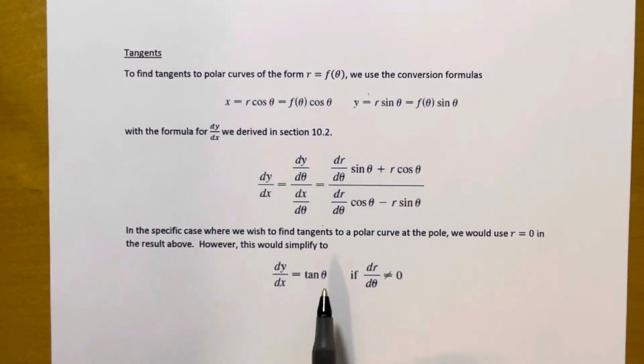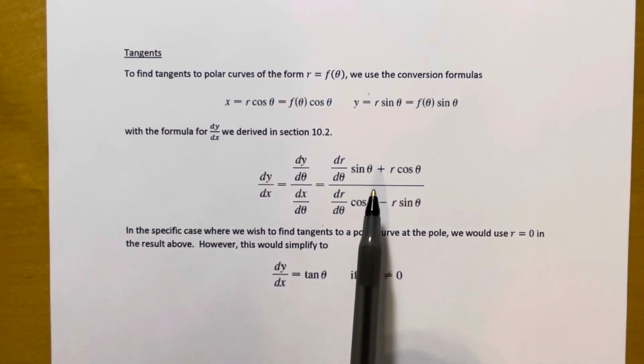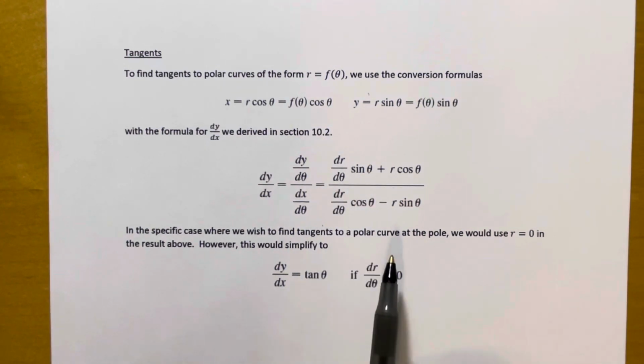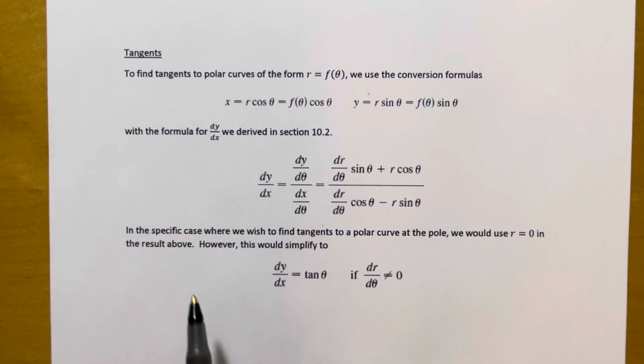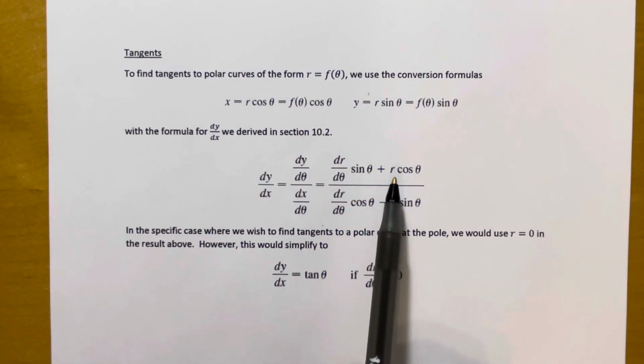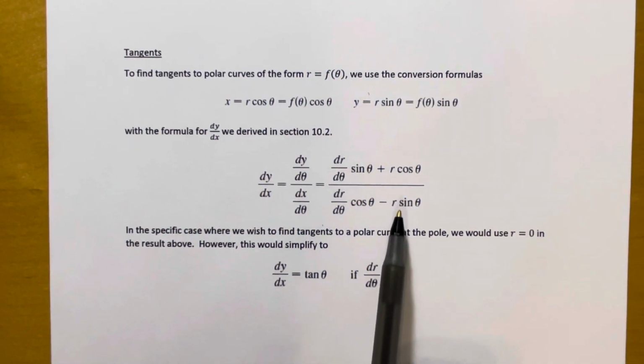One interesting case that occurs is if you want to find the slope of a tangent line to a polar curve at the pole specifically. Some of the polar curves that we've seen contained the pole, and the pole is the only point where r is equal to 0.